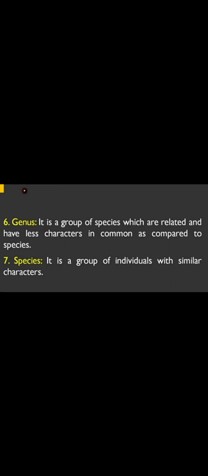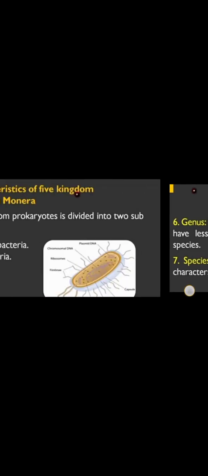Then comes the genus. Genus is a group of species which are related and have fewer characters in common. They have less similarity, but they are related to each other. And species is a group of individuals with similar characters. The individuals having similar characters are known as species.